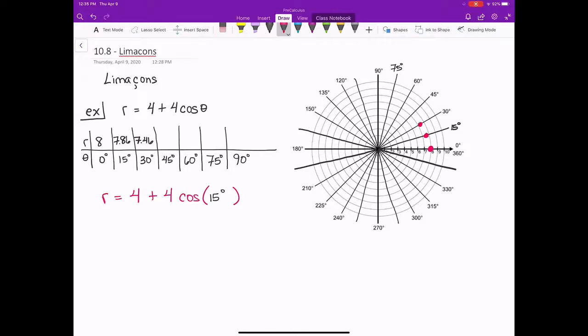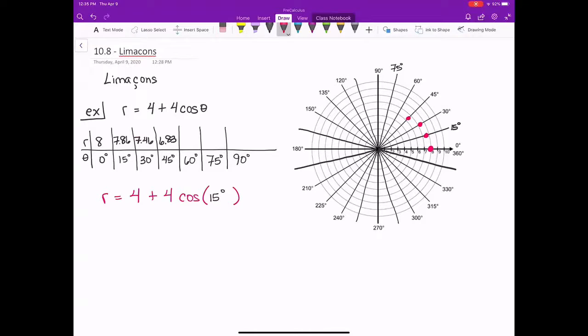So about right there. Cosine of 45 is the square root of 2 over 2, as you know, without a calculator. But again, I'm trying to get a decimal so I can plot it. So that's about 6.83. So at 45, I'm out to a circle of 6 and then maybe about right here.